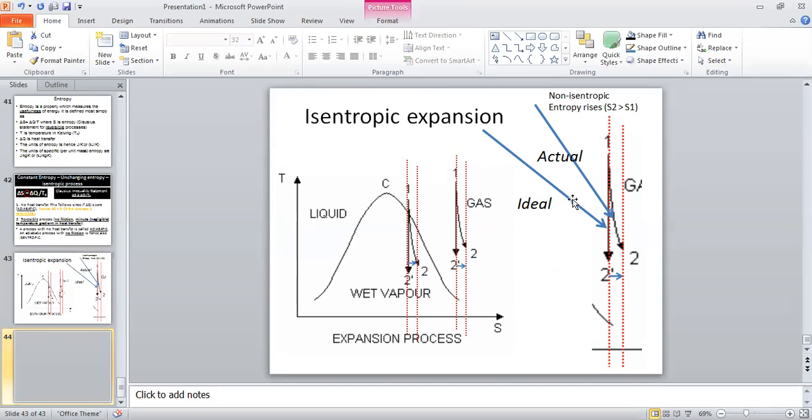Here again, isentropic expansion, ideal. Ideal means this is not so real. Ideal means, okay, not so real.